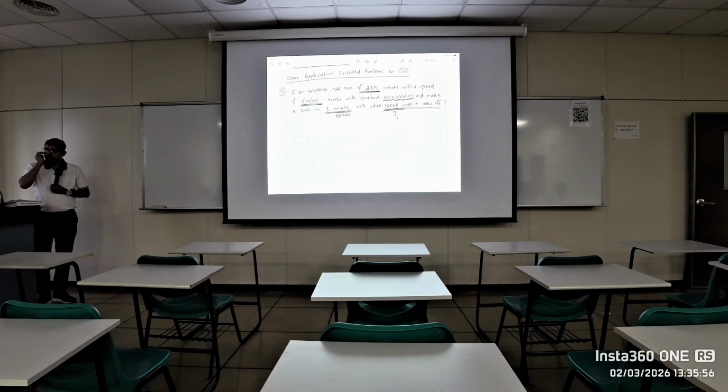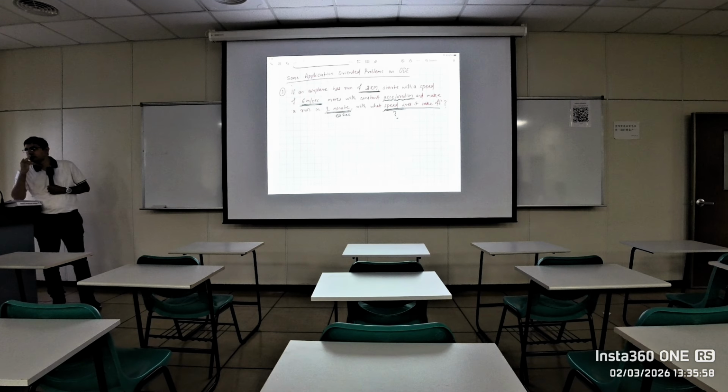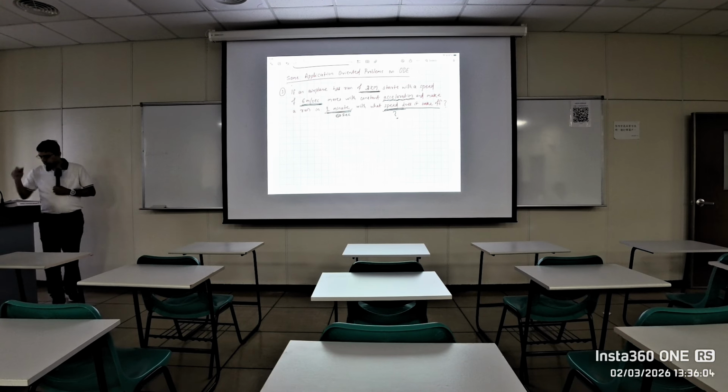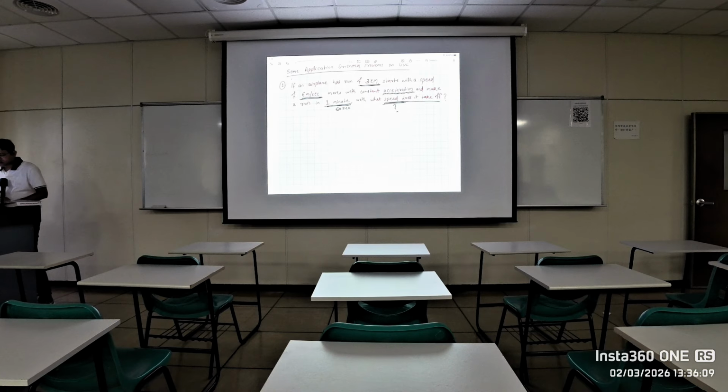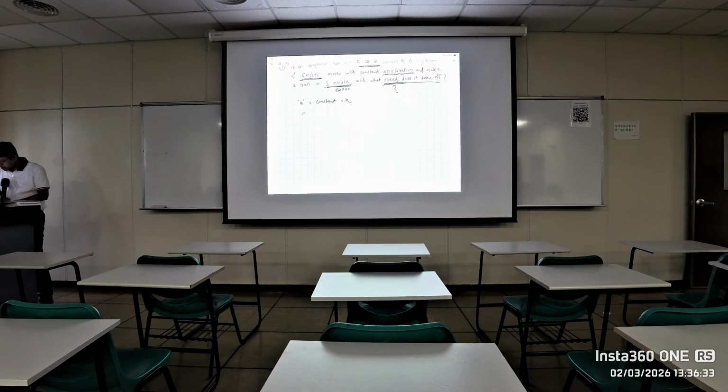I believe all of you understand distance, speed, acceleration. So it is saying that this acceleration is constant. That means if I write A for acceleration, it is saying this acceleration is a constant. Let's say that constant is K. So A is equal to K.